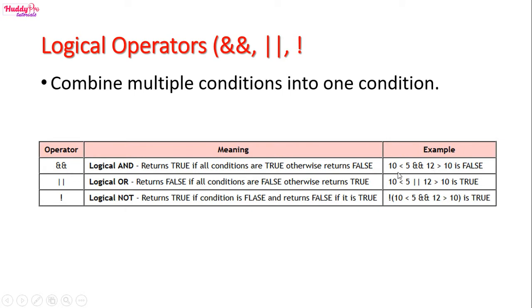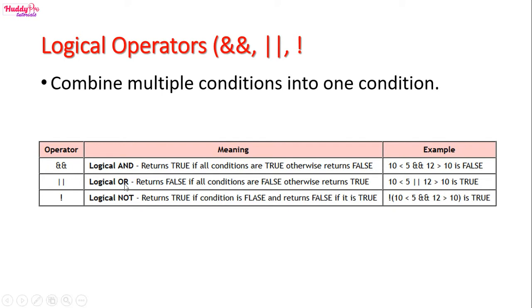Now false and true will give us false, because the logical AND will only give true if and only if all the conditions are true. So if one condition is false, like the first condition, then the final result will be false, much as the second condition is true. Then the logical OR returns false if all conditions are false, otherwise it will return true.